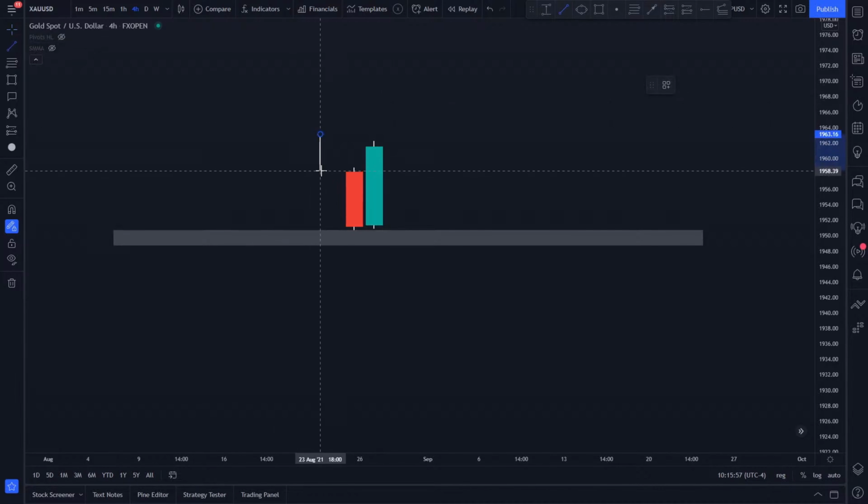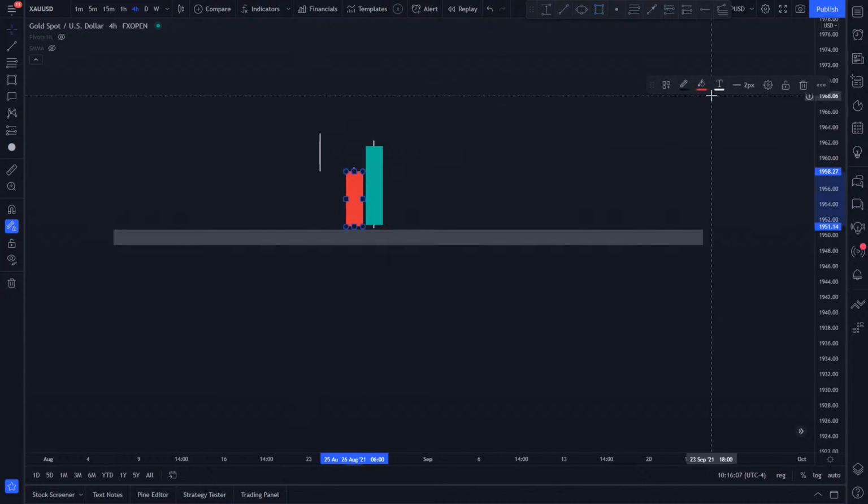So let's go ahead and draw out this candle right here. We have our candle right here. That's a little bit too far. Let me go ahead and clone that.